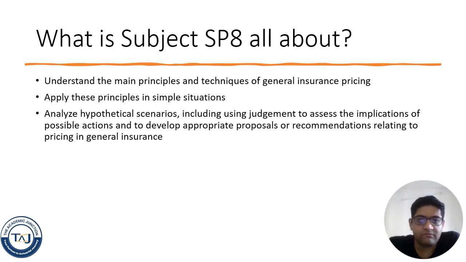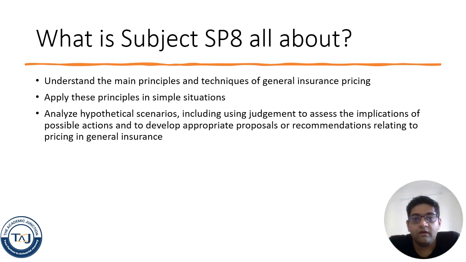SP8, as I had mentioned before, is a specialist level paper, and it provides students with an introduction to various pricing frameworks that are used in general insurance and reinsurance. During the course, we will go through frameworks that are simplistic in nature, for example, a simple burning cost model, to frameworks which are complex and compute intensive, for example, GLMs.